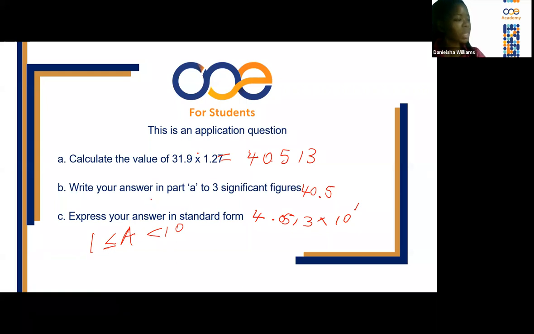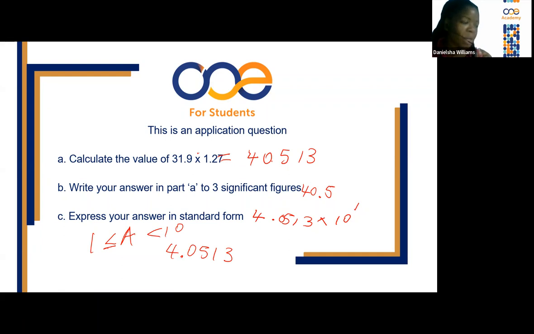Now in this case, our answer was 40.513. One of the easy ways that we learned how to write standard form yesterday was to take the number that you have and just put your decimal point, just as I said, this is just one of the convenient ways of writing it. So if that is our figure, we just put the decimal point here.